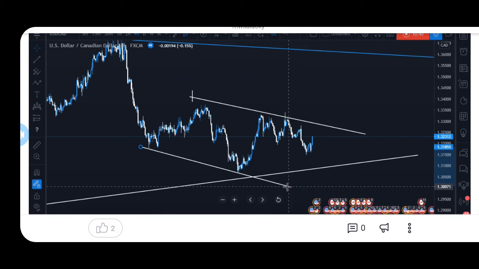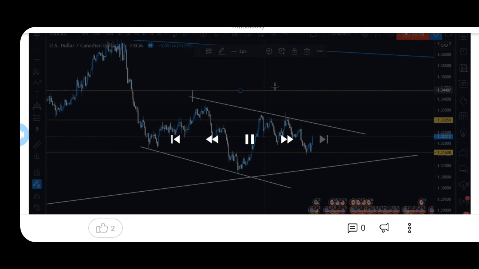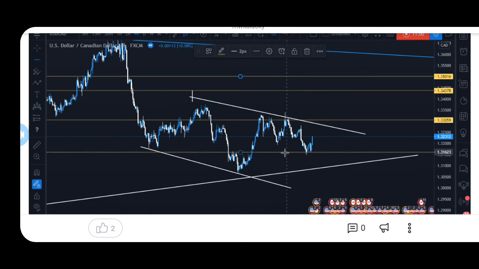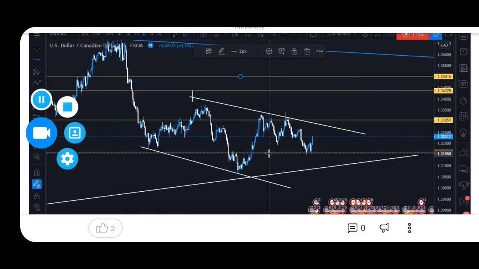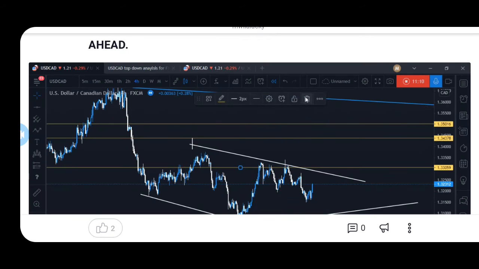This is the good part about trading patterns and structures, guys, because you can just have few lines on your chart, and you don't have lines like this that mess up your charts, and your charts are just two structures and patterns. So that is why, guys, we are trading support and resistance in a very different way.